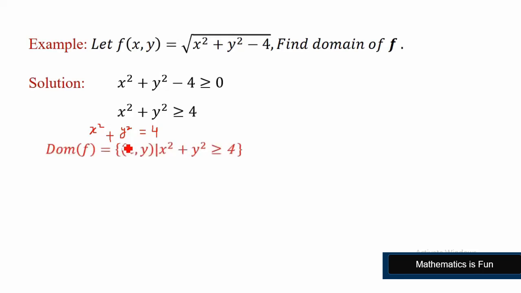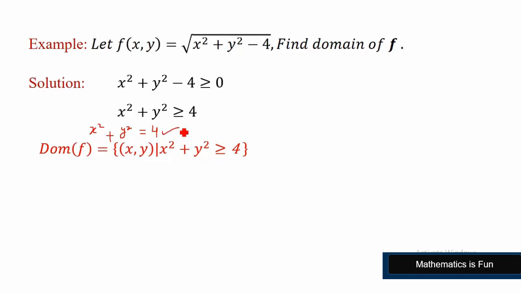So here the domain can be written in set form as all the ordered pairs (x, y) which satisfy the inequality x square plus y square is greater than or equal to 4. So the domain of the function is all the boundary points and exterior points of this circle.